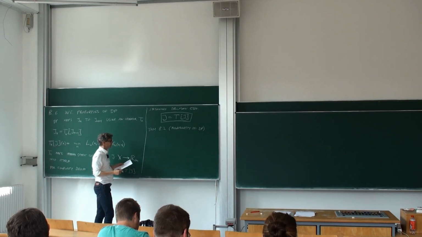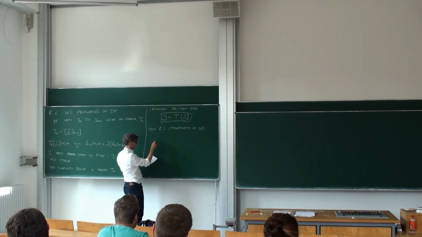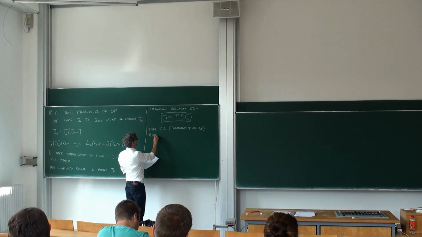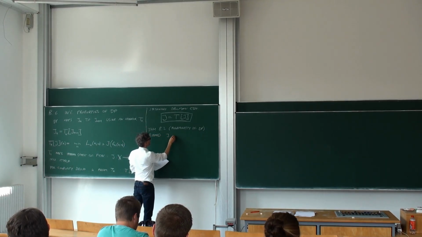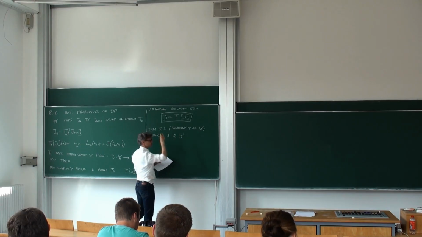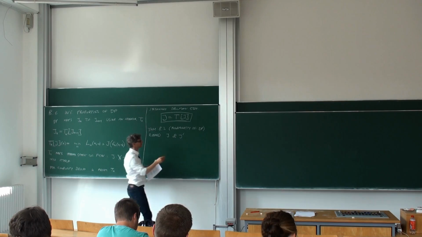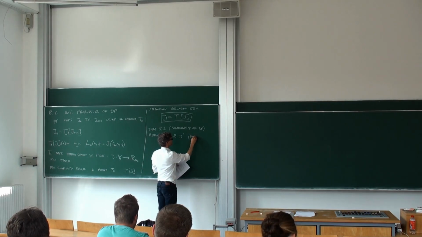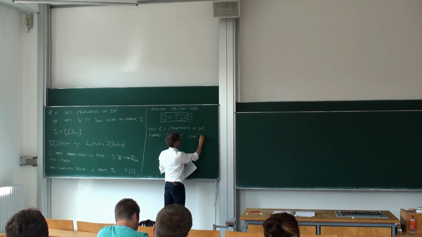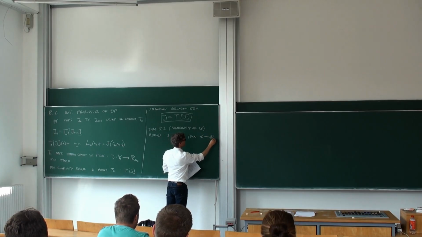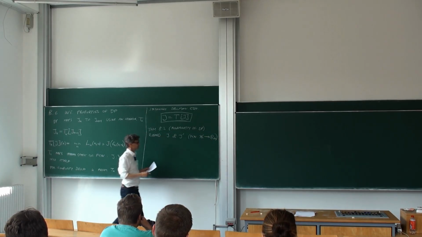And it just says, regard J and J prime. So just two value functions. Yeah? So these are functions from X to R infinity, right? So just such functions.